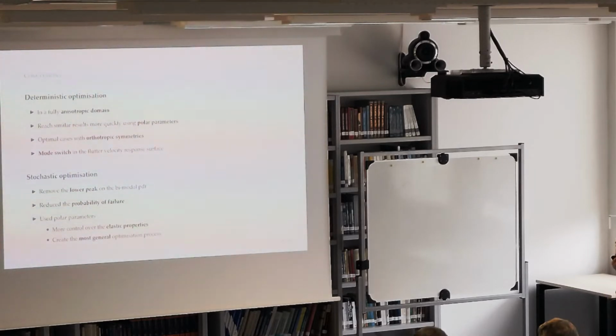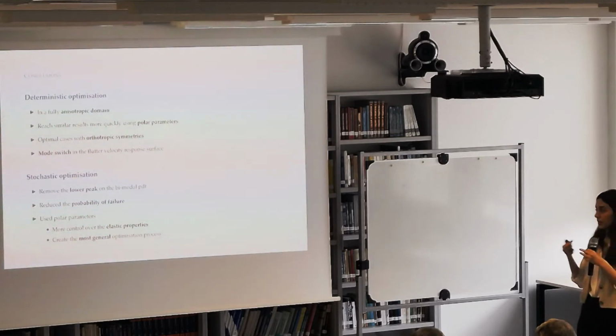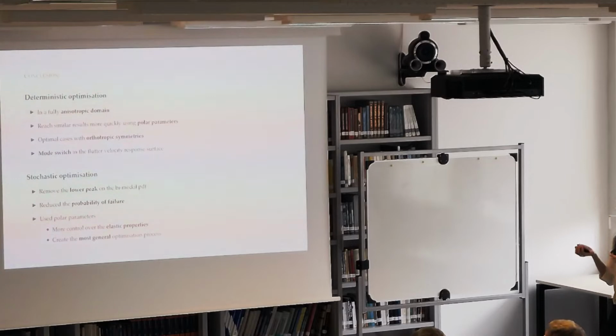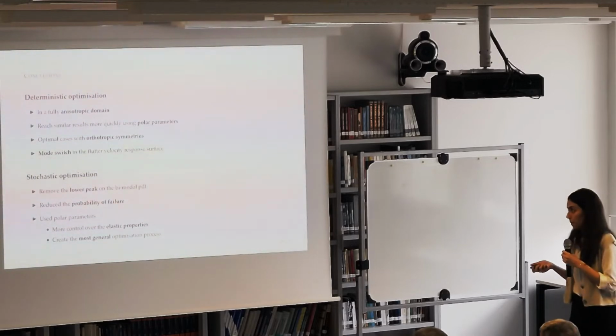During the optimization, we removed the lower peak of our bimodal PDF. We reduced our probability of failure, and in order to go further, we used polar parameters to have more control over our elastic properties, and using the polar parameters allowed us to create the most general optimization process that we could achieve.